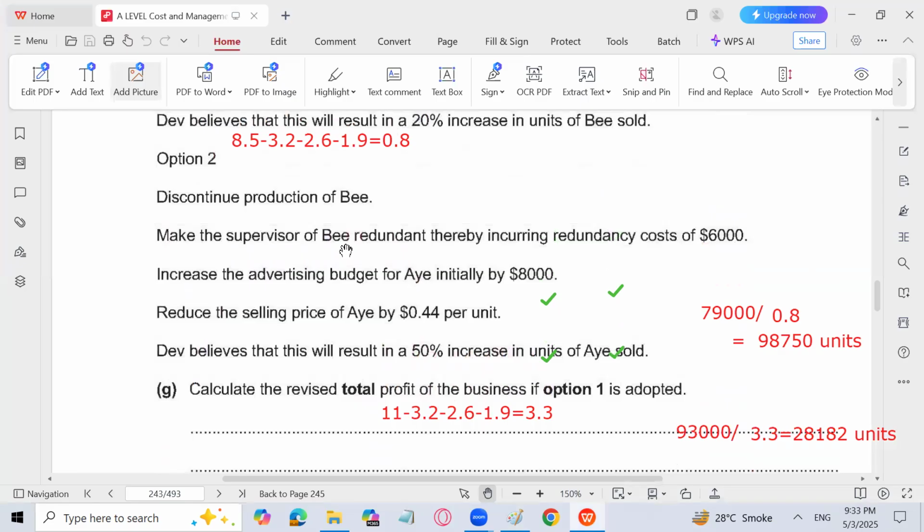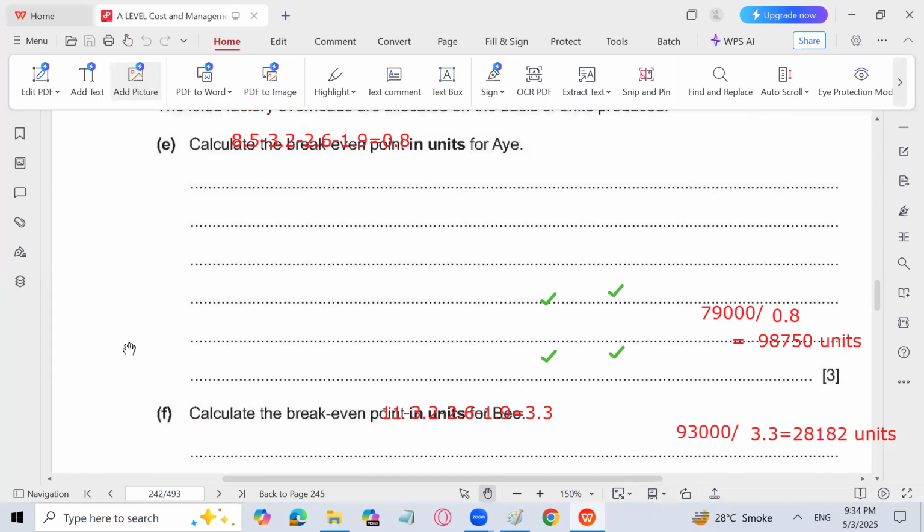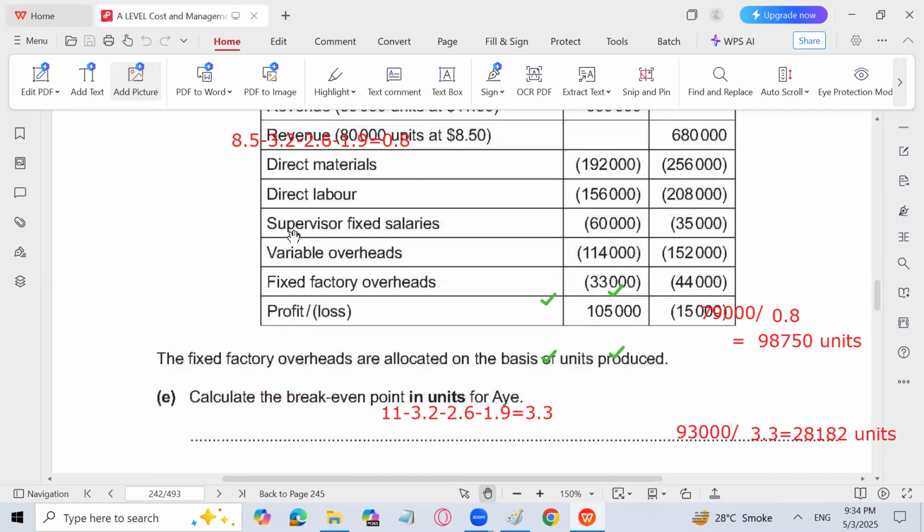Option 2, discontinue production of B. We are not going to produce B anymore. Make the supervisor of B redundant, thereby incurring a redundancy cost of 6,000. The production supervisor of B, who is basically taking supervisor fixed salaries of 35,000, will be redundant, and we are going to incur a redundancy cost of 6,000.